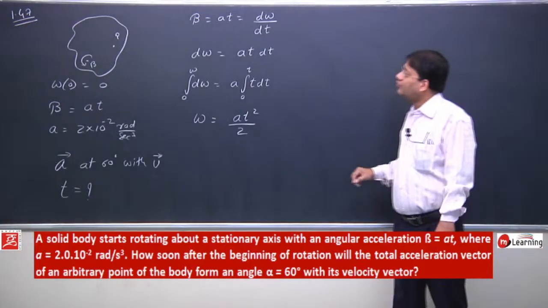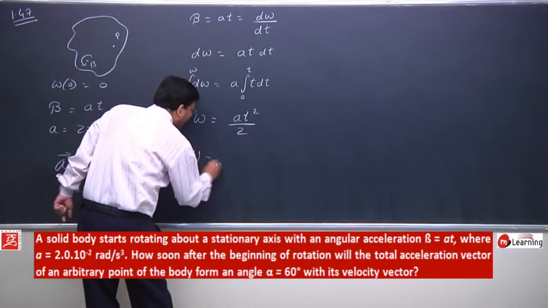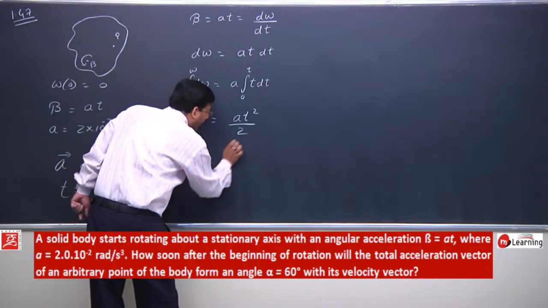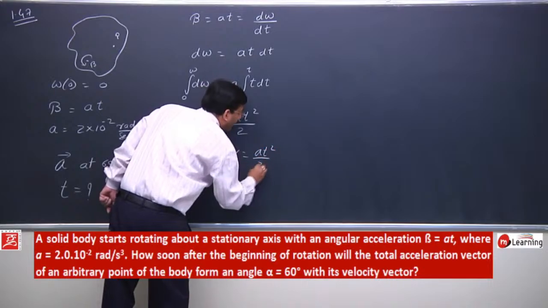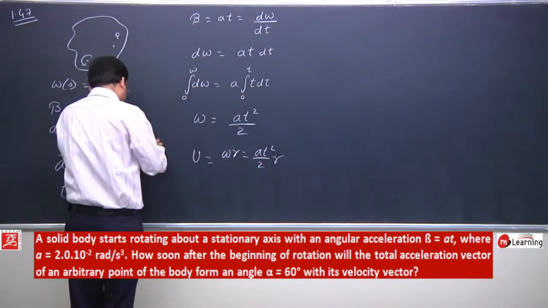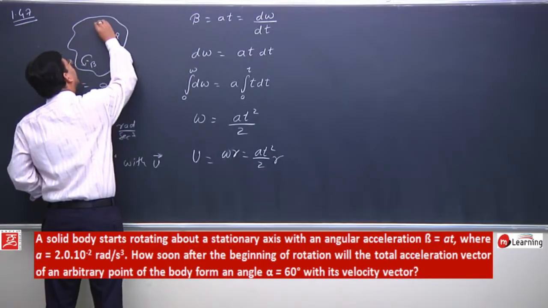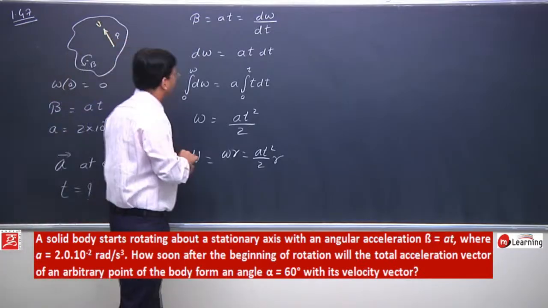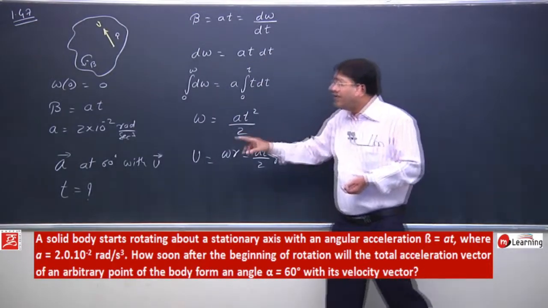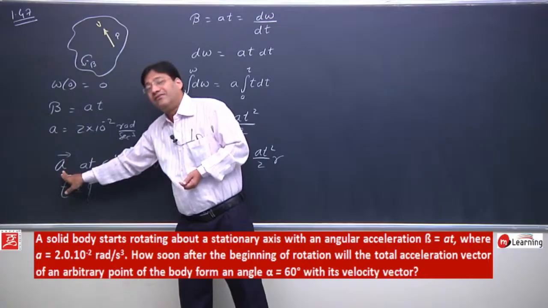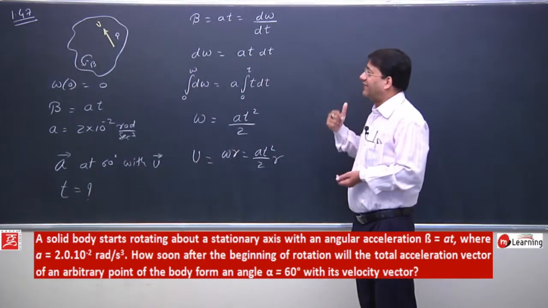Now, velocity is omega into r, which is a t square by 2 into r, and this is the direction of velocity. It's tangential. Now, the acceleration vector is at an angle of 60 degrees with the velocity vector.